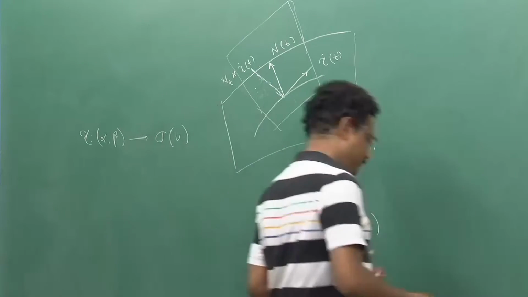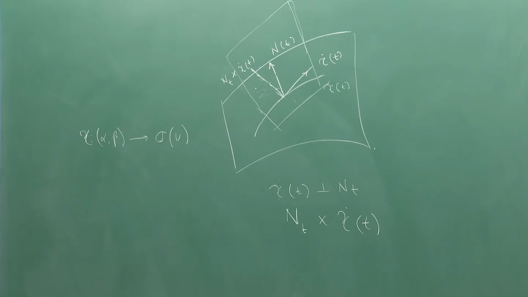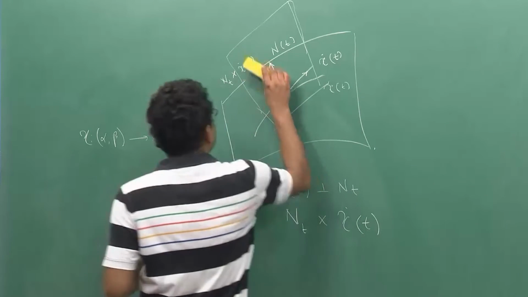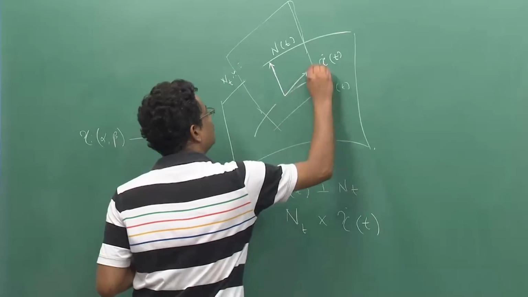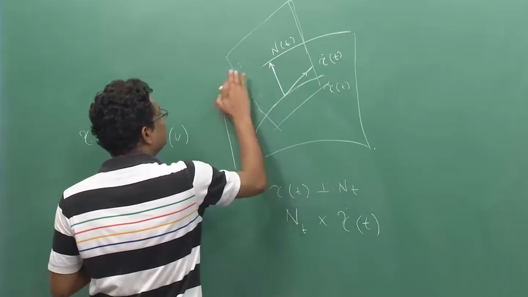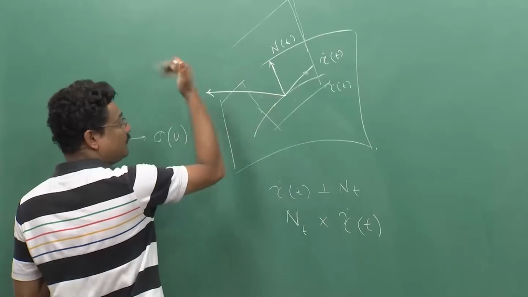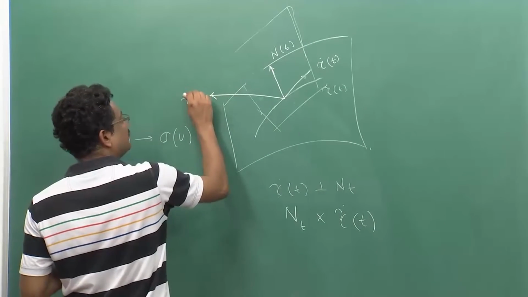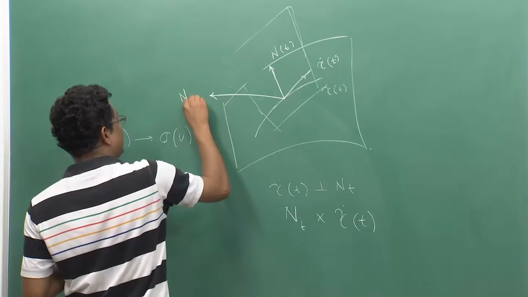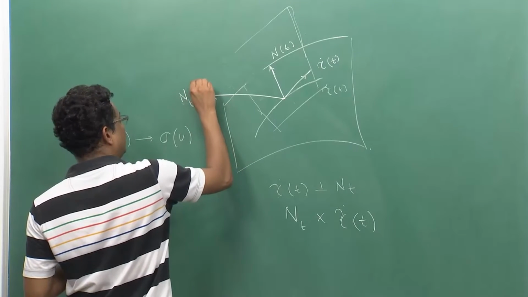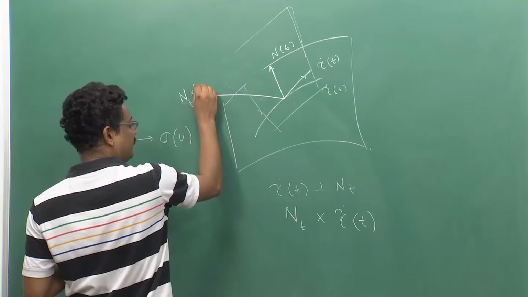Let me draw a slightly bigger picture: this is the normal, this is the tangent, and this is the vector coming out of the board, n cross gamma dot t.